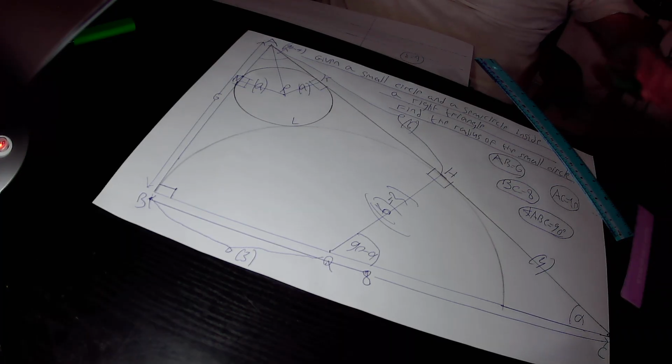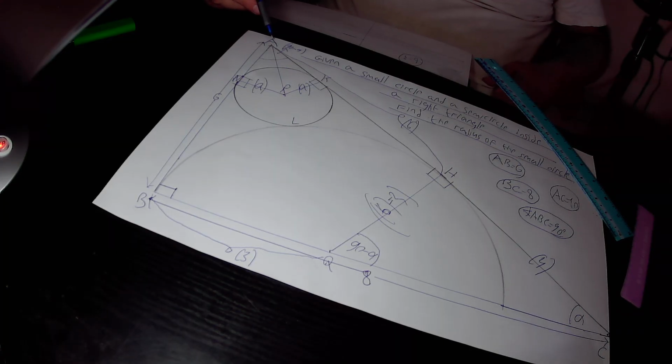Okay? So if we define the size of angle A as 2 theta, then angle bisector PA bisects angle A into 2 halves. This first half is equal to theta, and this second half will also equal theta.